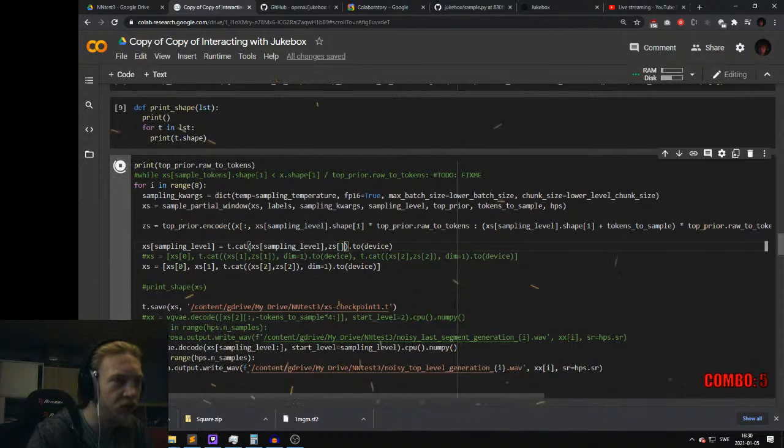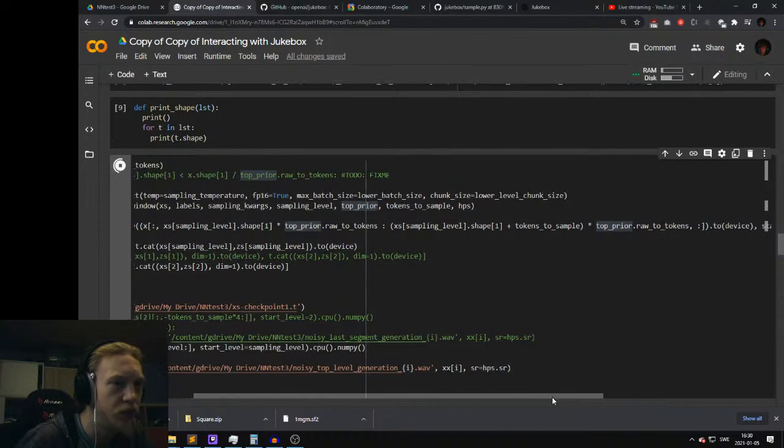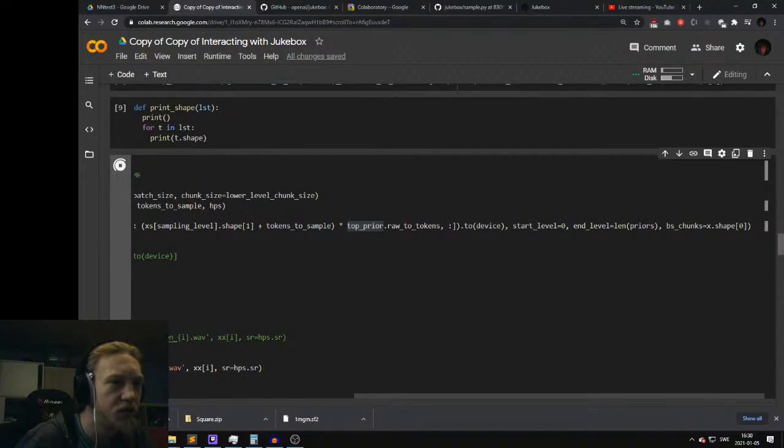Hopefully these will keep the same shape even though it's a different prior. Well, the end level is the same.